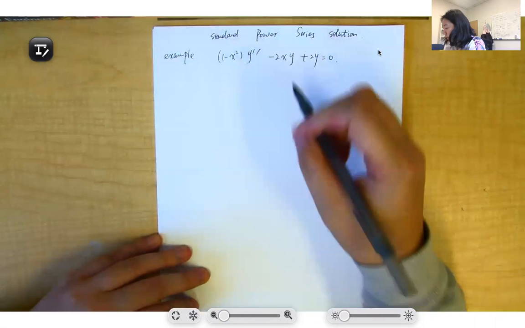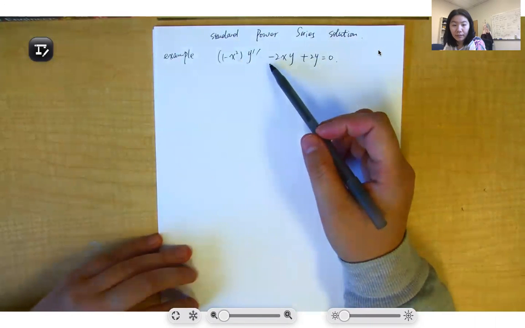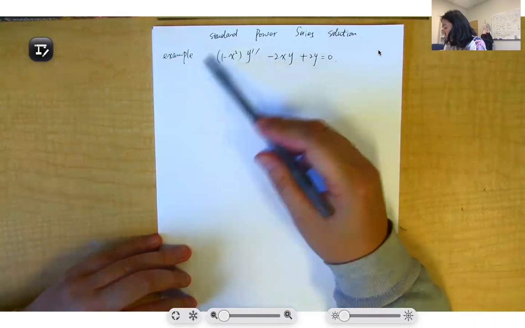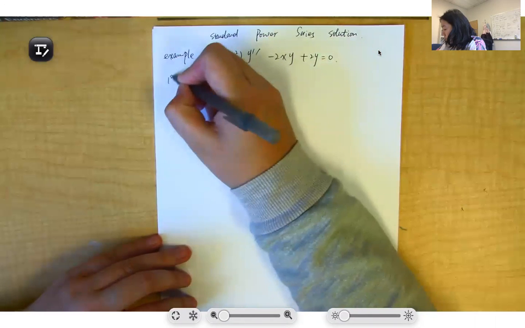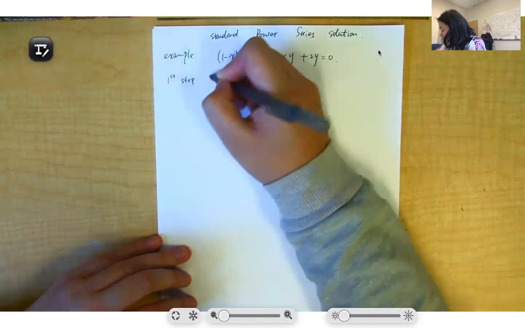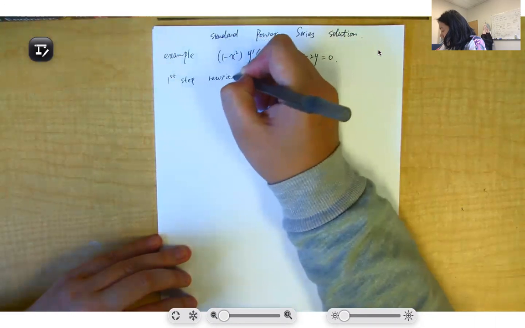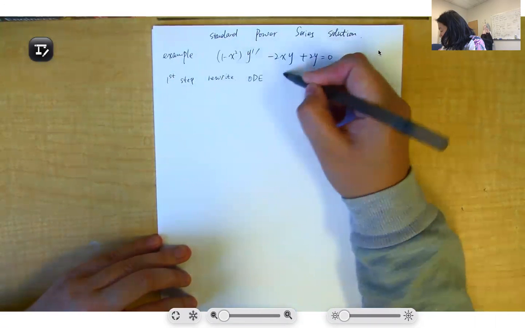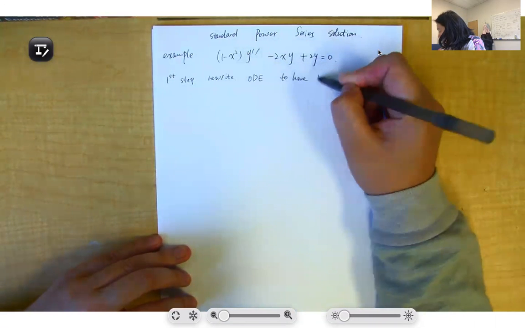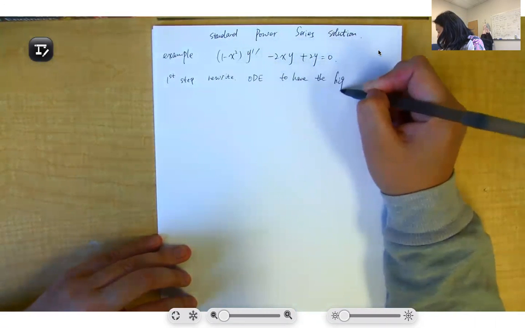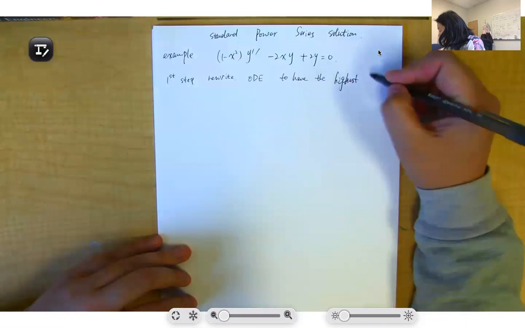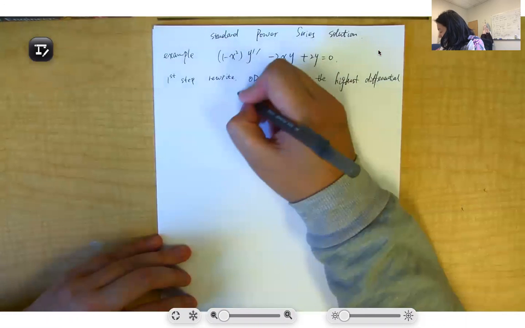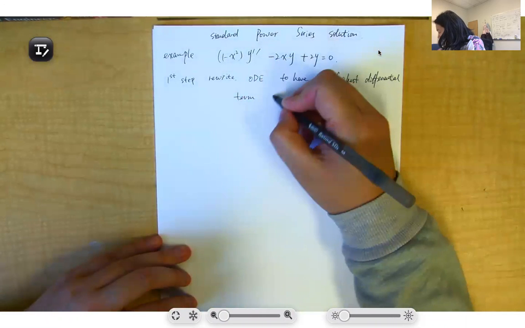And in order to solve the second order linear ODE with variable coefficients, the first step is to rewrite this ODE to have the highest differential term coefficient to be 1.